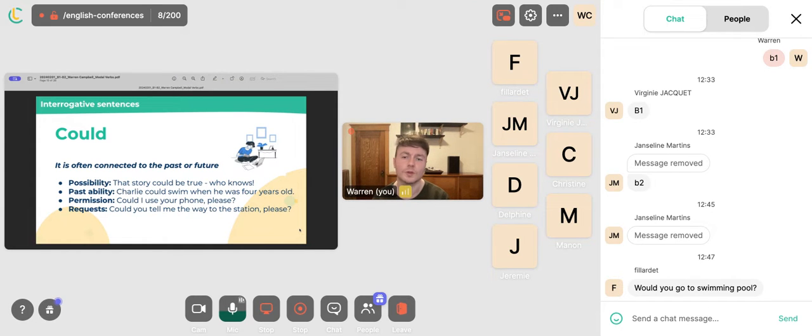So let's take a look at possibility here. That story could be true. Who knows? Charlie could swim when he was 4 years old. Could I use your phone, please?